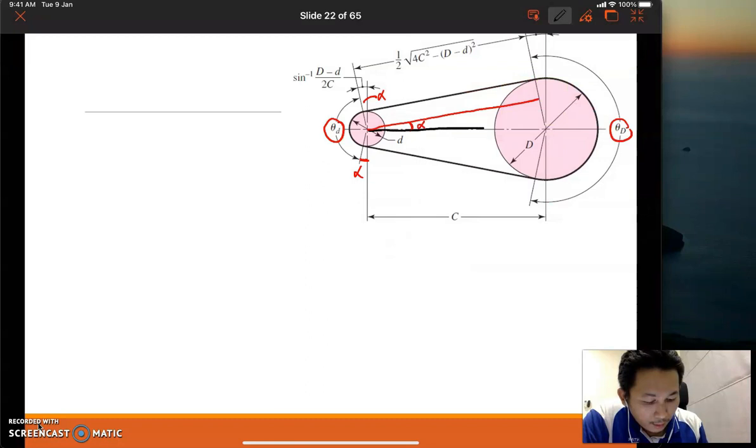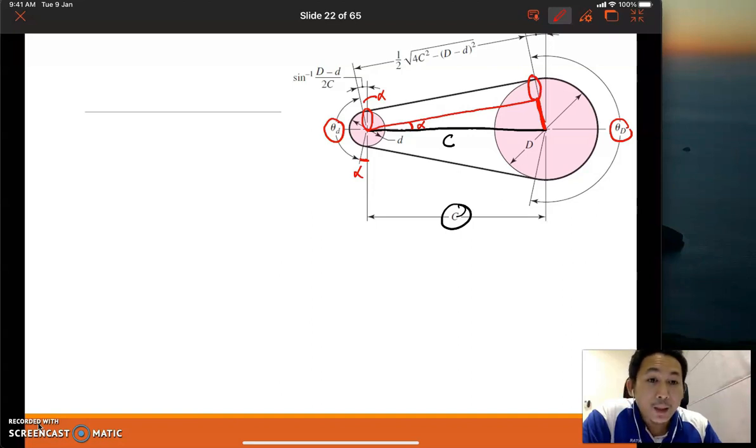From that alpha, we have the line here as C. We know that the radius of the driven is D over 2, and this is the same radius for the driver, d over 2. So here we have D over 2, and this one is D minus d over 2.